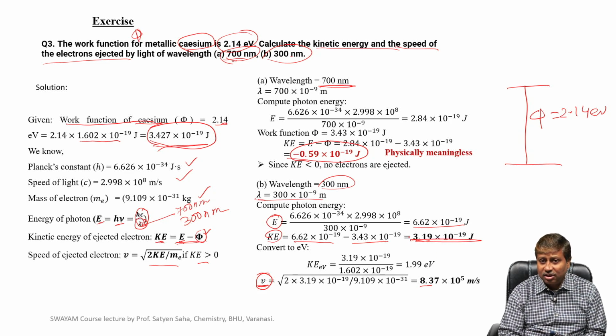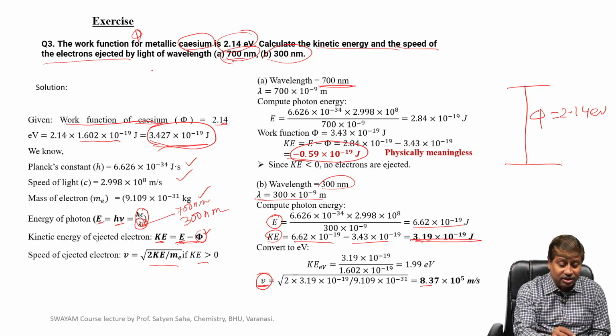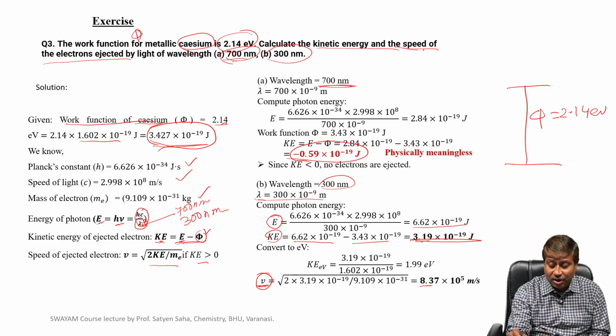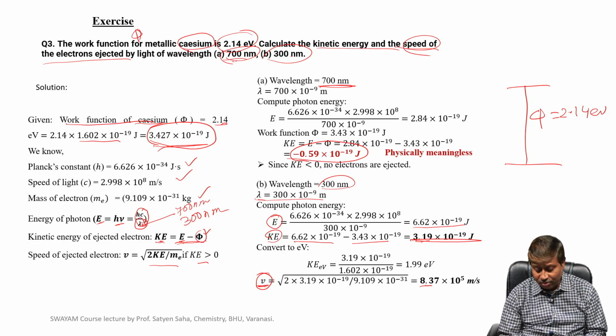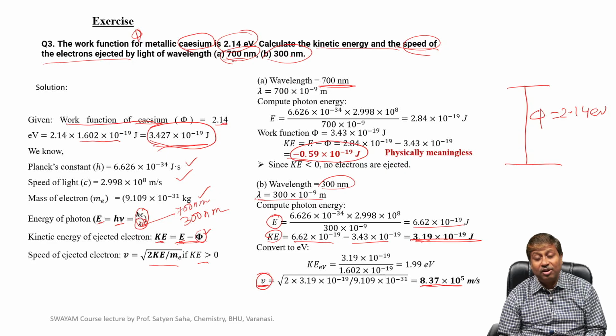So that means this electron will be ejected and its energy will be 3.19 into 10 to the minus 19 joule. But the question asks for the velocity, the speed, so you have to convert into speed. It comes to 8.37 into 10 to the power 5 meter per second. So it will be ejected with a speed of the order of 10 to the power 5 meter per second, so fast.